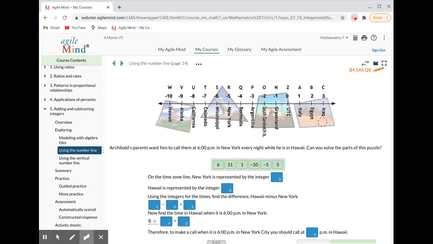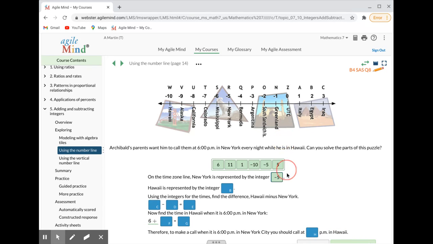On the time zone line, New York is represented by what integer? Sophia. -5. Oh my goodness, she popped it out there quick. All right, good job. Sophia, I want you to do part B. Hawaii is represented by what integer? Come on, Sophia, you can do it.